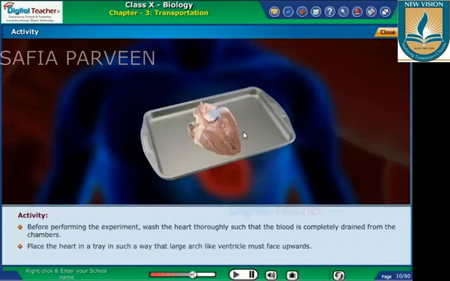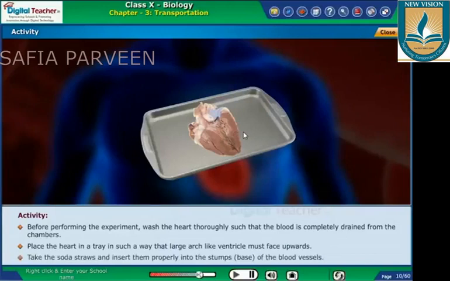Put it in the tray in such a way that the ventricles face upwards and the auricles are downwards. That means there is an arch over the heart. If you see the heart, you can see an arch over it. That arch should be on the upper side and the other part on the lower side.